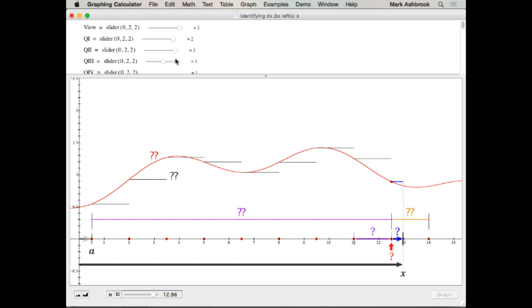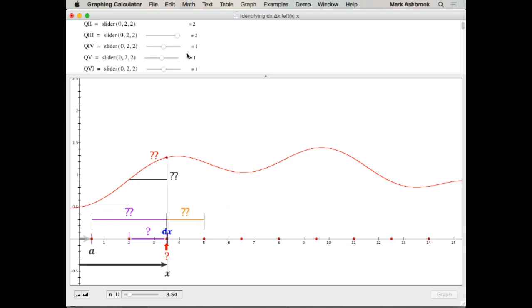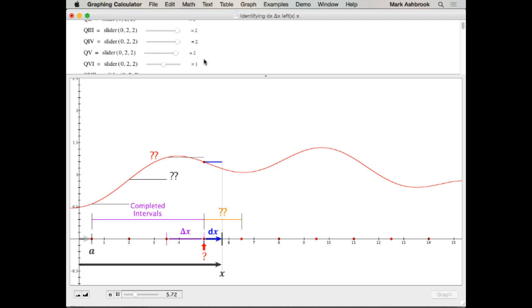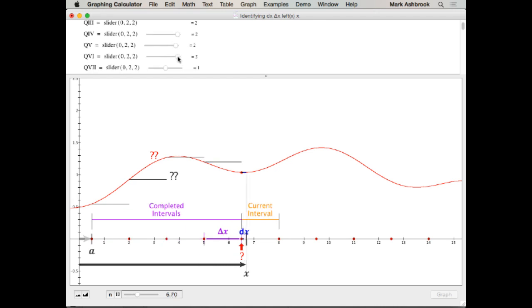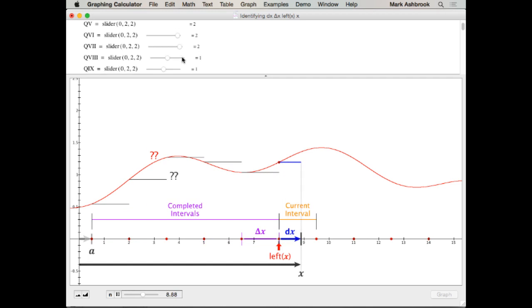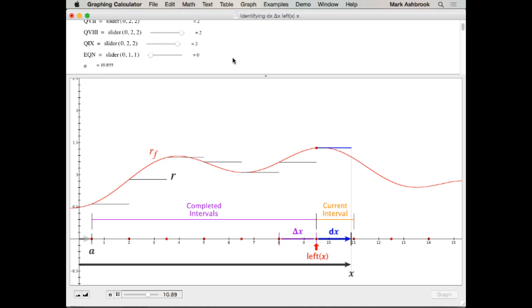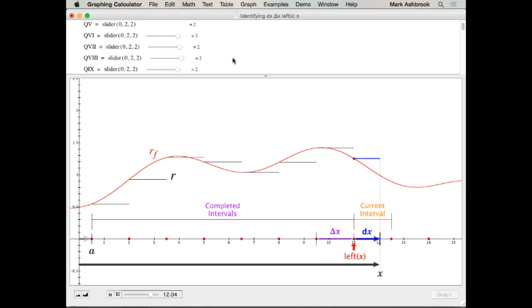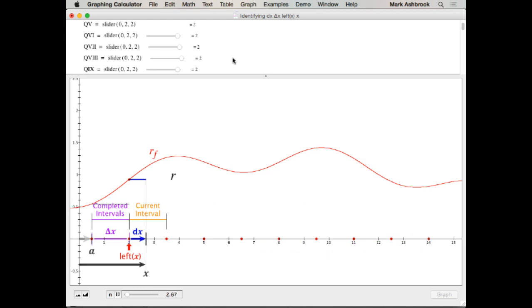So I'm going to put these all on now. There's x, dx, delta x, completed intervals, current interval, left of x, r of f, and r. So there's everything filled in that we talked about.